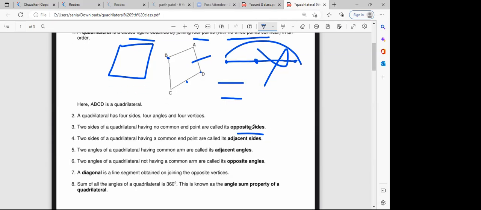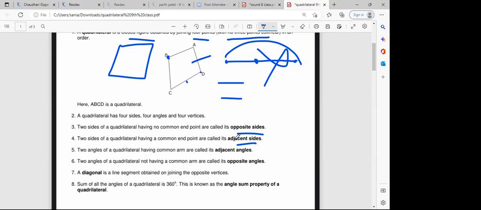Then two sides of a quadrilateral having a common endpoint are called adjacent sides. Remember, if they have a common point, you will say they are adjacent sides. For example, you are sitting on a bench or a sofa, and I come and say, please adjust.